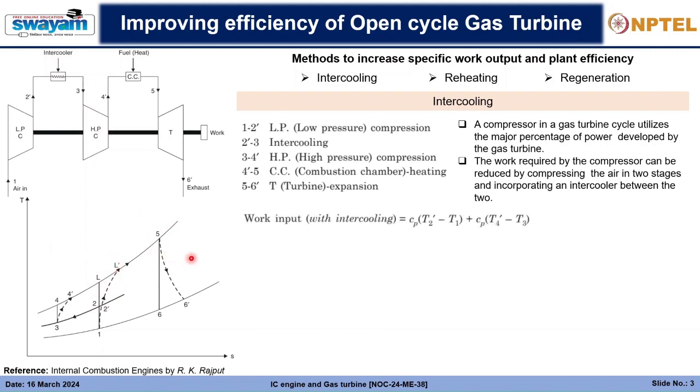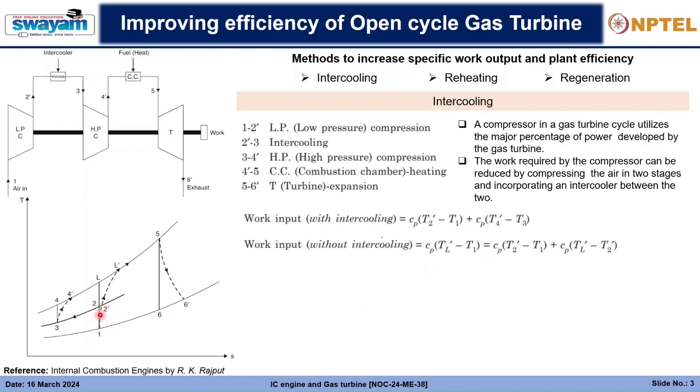So the work input with intercooling is Cp times T2 dash minus T1, plus Cp times T4 dash minus T3. And without intercooling, we have Cp times TL dash minus T1.